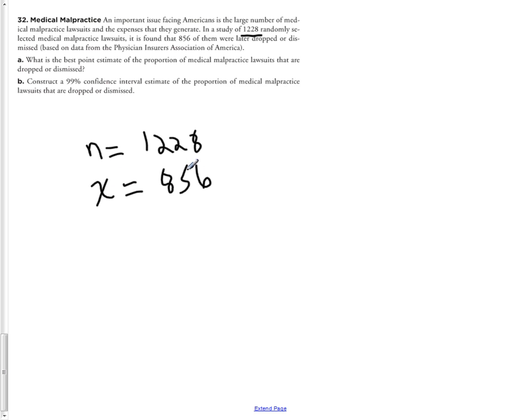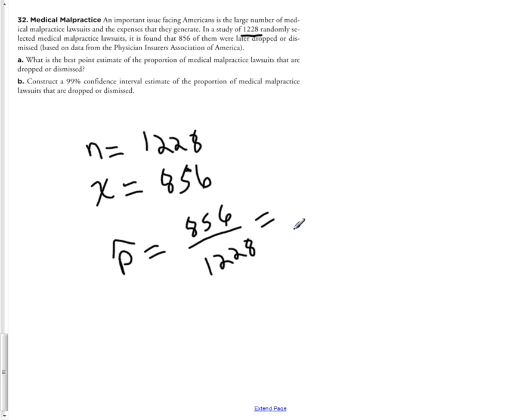856. So if I want the proportion of medical malpractice lawsuits that were dropped, P hat from this sample is going to be 856 X over 1,228 N. So remember, P hat was X over N. So we get P hat here to be 856 divided by 1,228 yields 0.70.